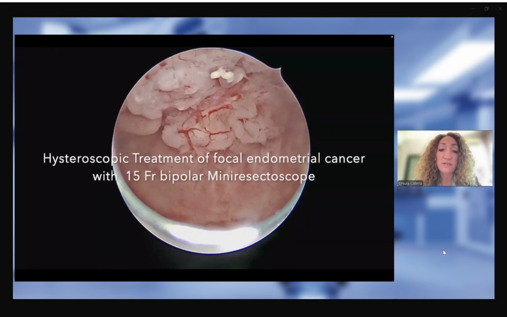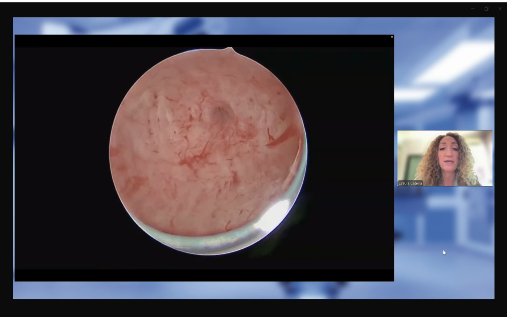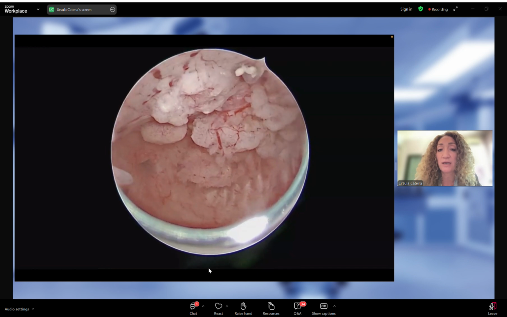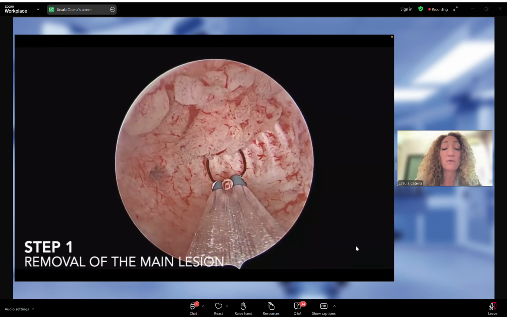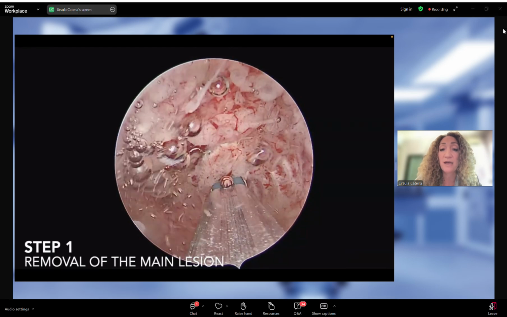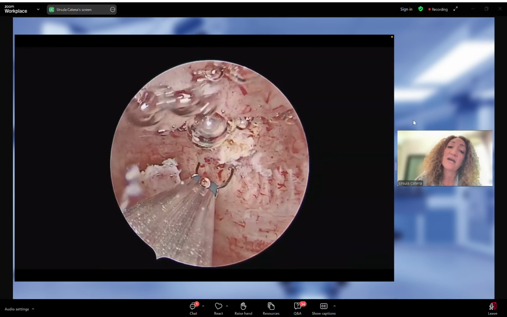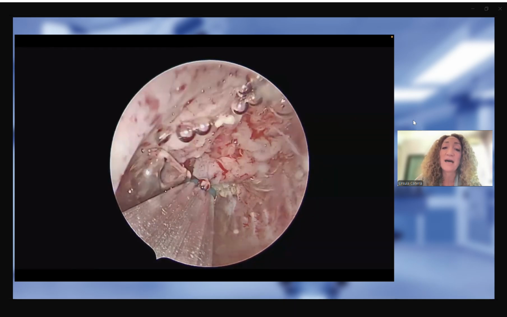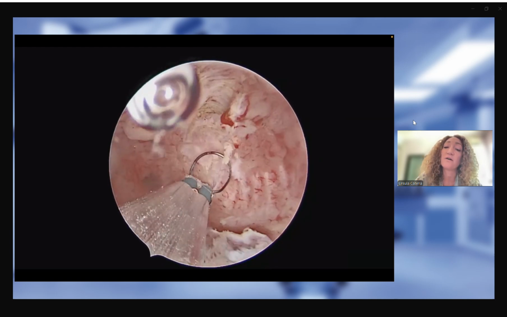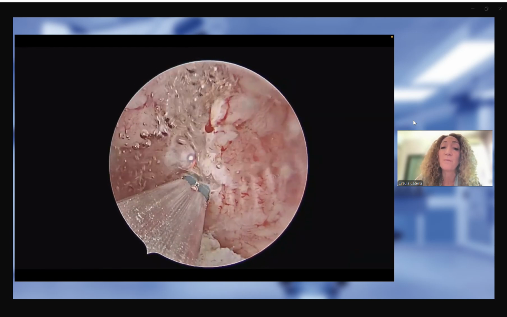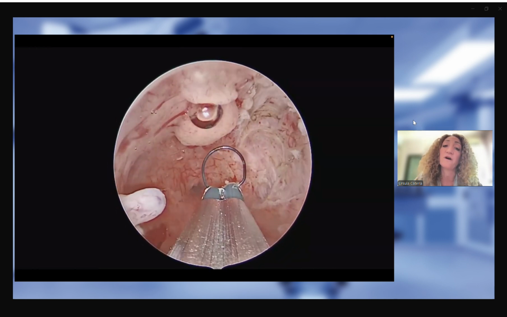Which are the novelties with our new devices? Surely nowadays we use the same technique that Ivan Mazzon described, but we use a 15 French bipolar mini resectoscope that allows us to avoid dilation of the cervical canal and to be more conservative in the uterine cavity of our patients, because we have to remember that in this uterus afterward we aim to have a pregnancy.